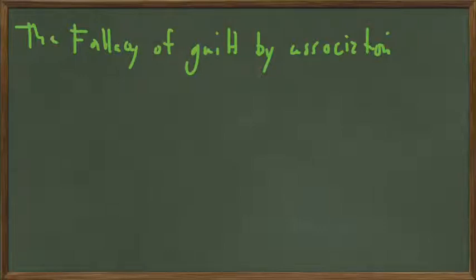The fallacy of guilt by association is a commonly occurring one in political argumentation. There is some degree of association between a candidate and some group, typically a loose association. That group that the person is associated with has done some things which are questionable or not accepted by a large part of people.